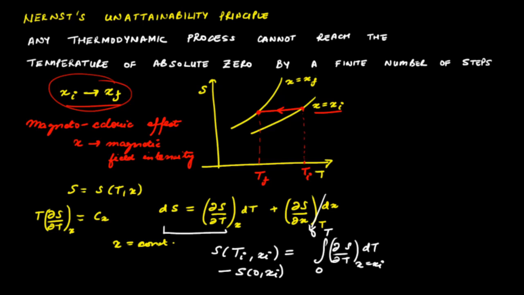So the difference in entropy at temperature Ti and the absolute 0 while keeping X equal to Xi is equal to this integral on the right hand side.